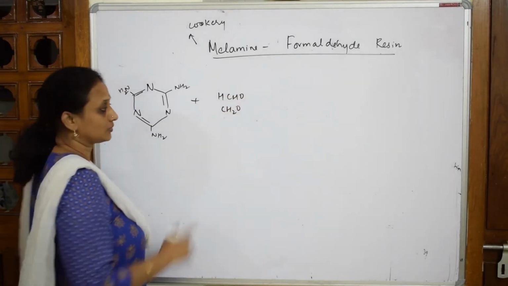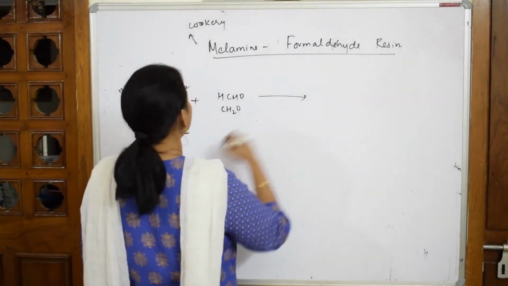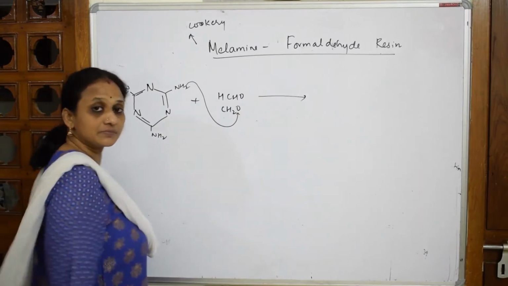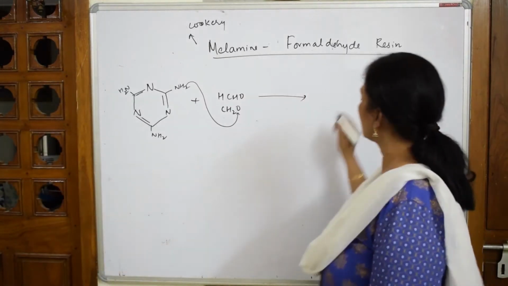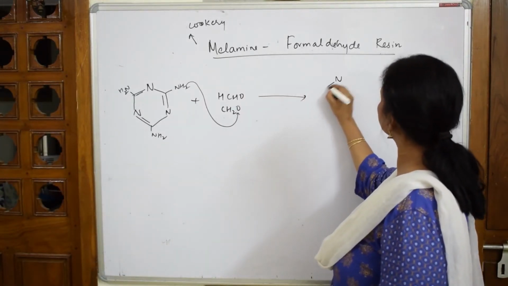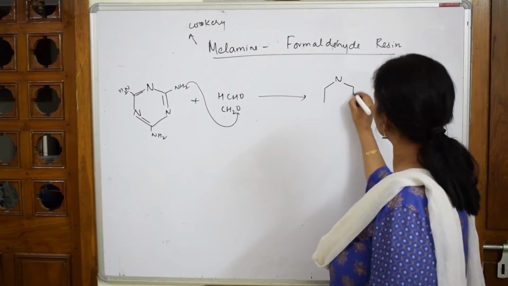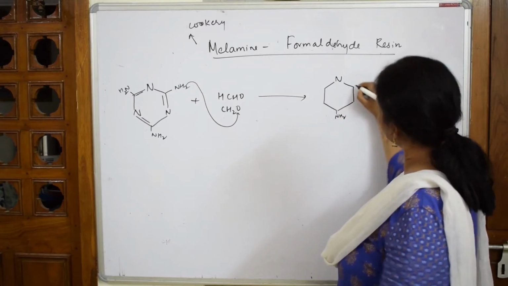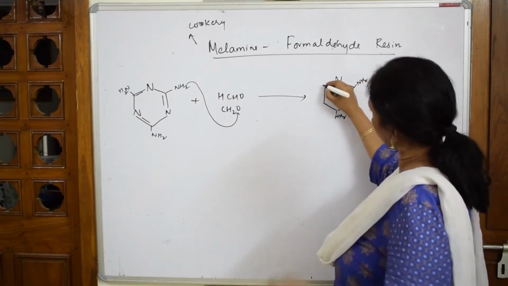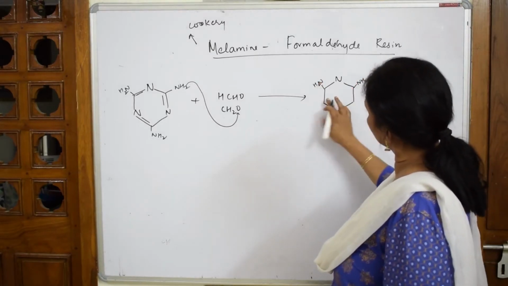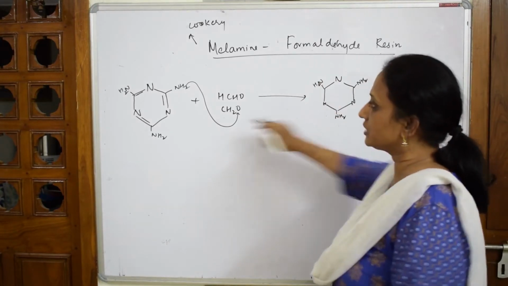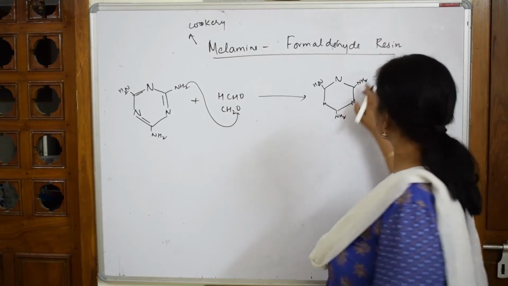CH2O. When these two combine, see here, one H from here, so what do I get then? I'm going to get N, a benzene ring type like this one, with NH2, NH2, NH2, N, N. But here H is already donated, means this is shared by CH2OH.